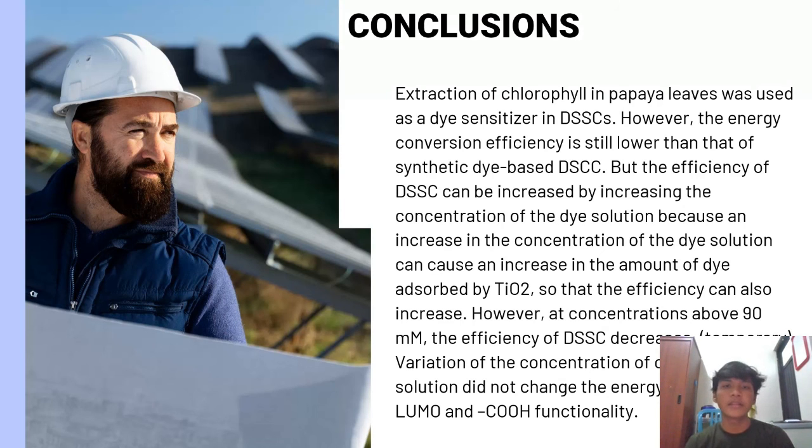This increases the amount of inactive dye molecules on the titanium dioxide surface and prevents the electron injection process in the DSSC. Meanwhile, variations in the concentration of chlorophyll solution didn't change the energy level of HOMO, LUMO, and COOH functionality.